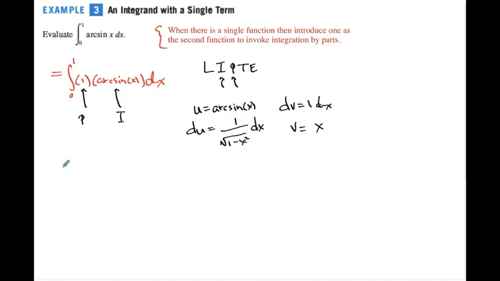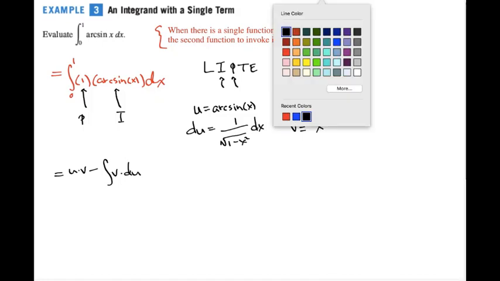So we go back to our integration by parts formula. We know it's going to be equal to u times v minus the integral of v du. We want to plug each of these components into the formula.